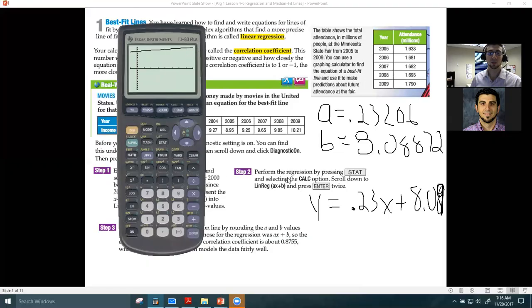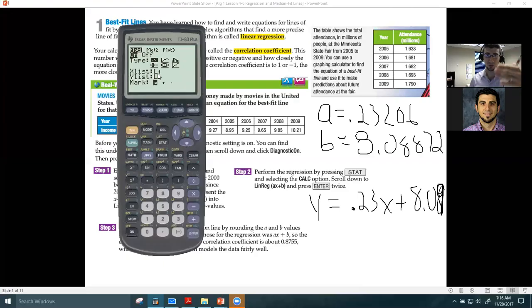Okay. We'll talk about how to graph the scatter plot for the data. What you could do is hit second Y equals, that gets you your plot menu. Just choose number 1, turn it on. Make sure the type is on the little dots because we want to make a scatter plot. X list is going to be list 1.